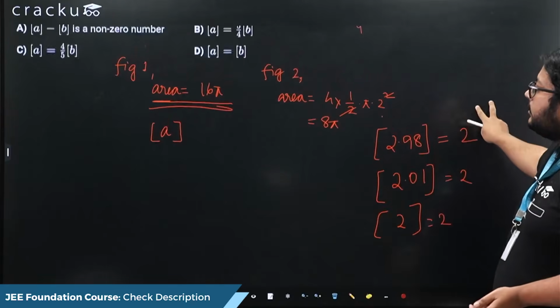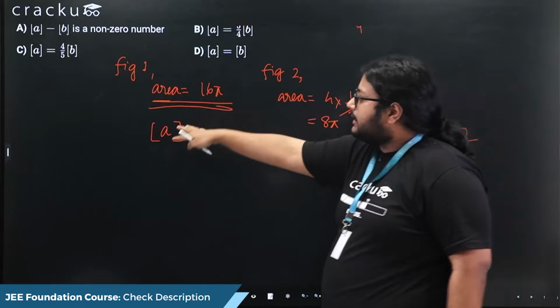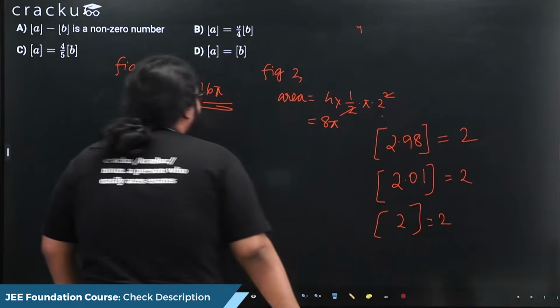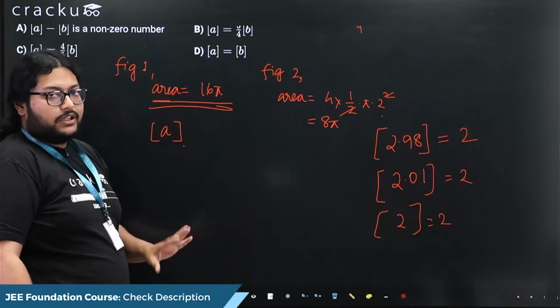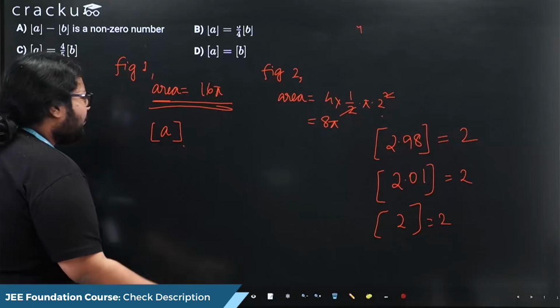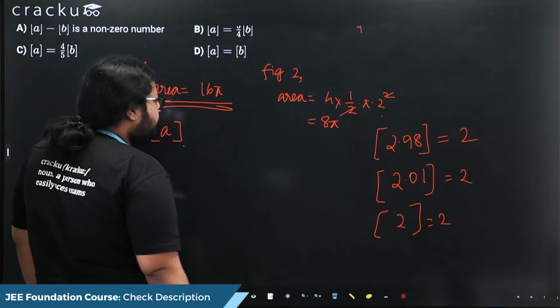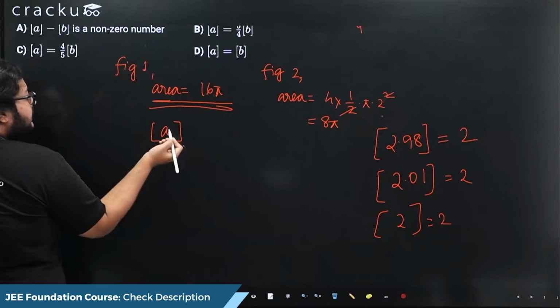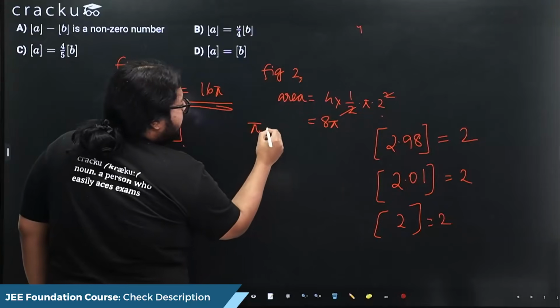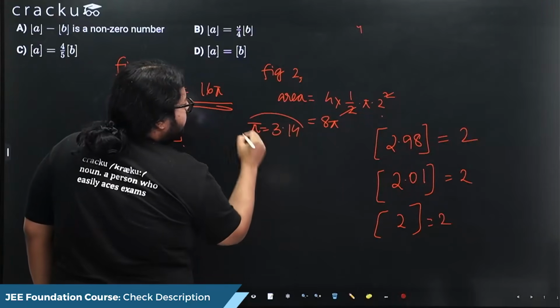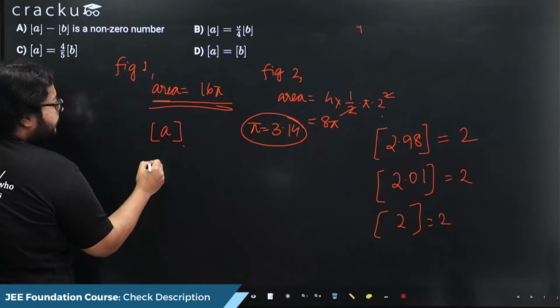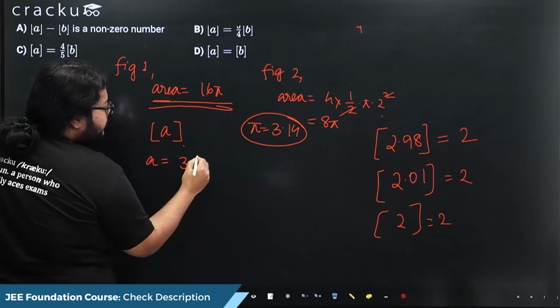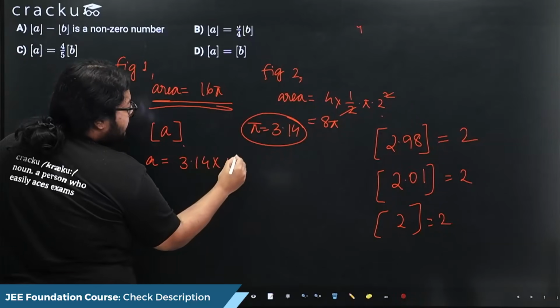Okay. So now figure 1's area is 16 pi, and they have given this because they want us to approximate. So for the approximation of pi, let's take 3.14. In that case, what is A? A will basically be 3.14 times 16.